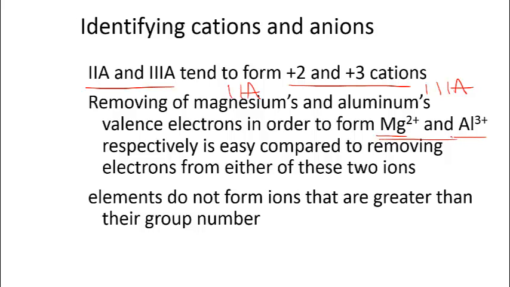And this is why elements do not tend to form ions that are greater than their group number, just because it requires tremendous amounts of energy to remove an electron from an element's stable noble gas core. So elements in general do not form ions that are greater than their group number.